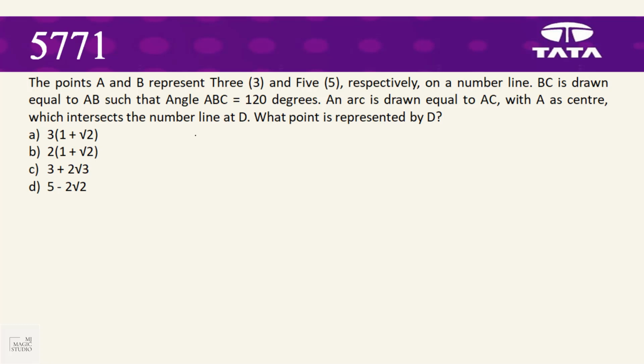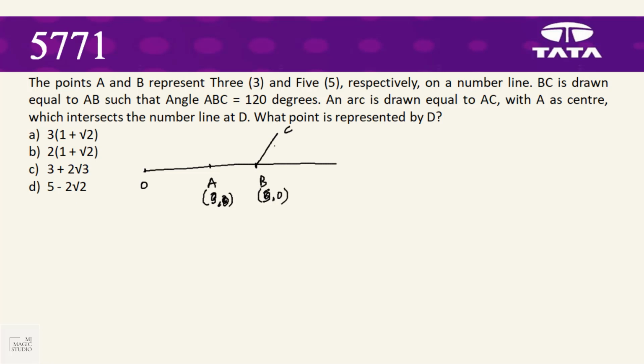The points A and B represent 3 and 5 respectively on a number line. Let me write this as 3, 0 and this is 5, 0. Line BC is drawn equal to AB such that angle ABC is 120 degrees.